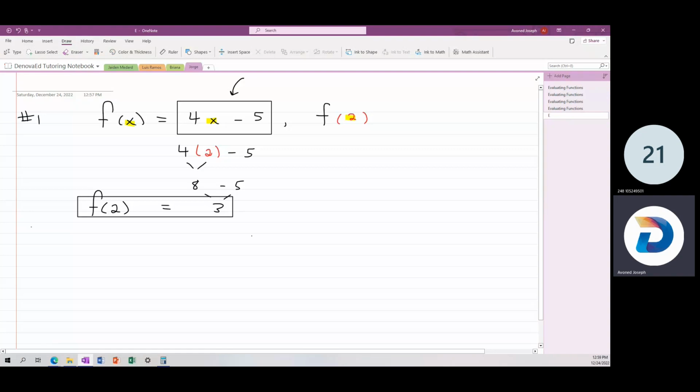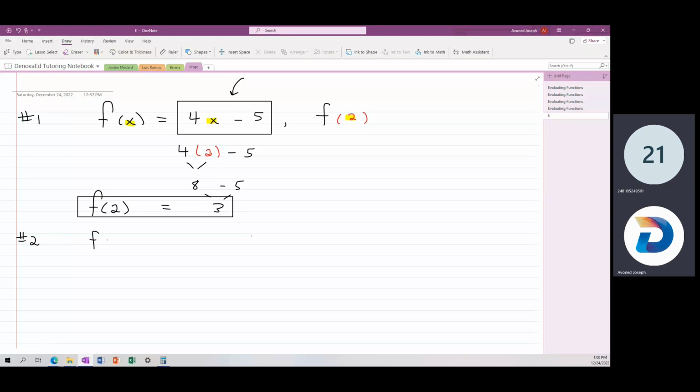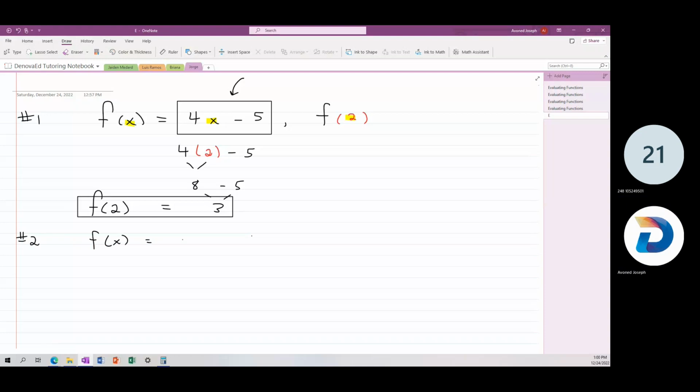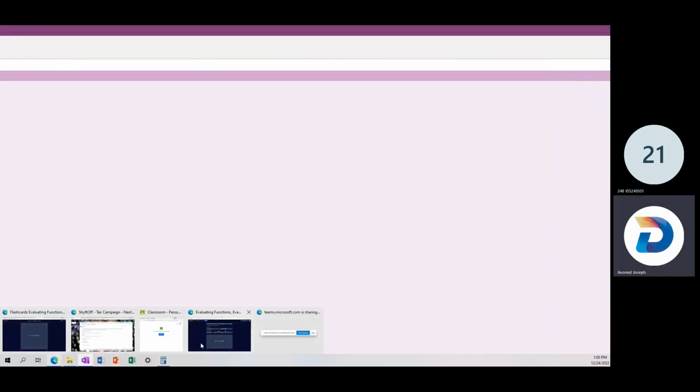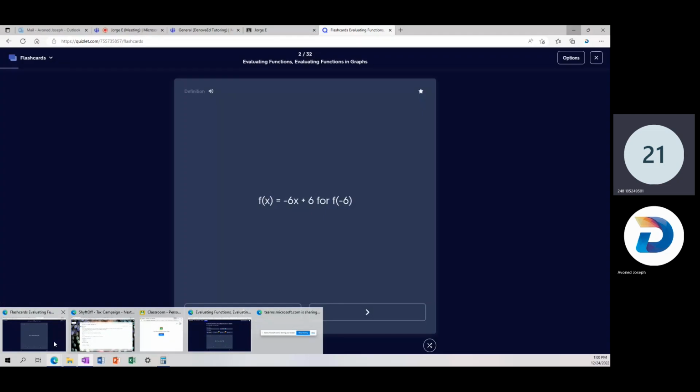All right, so we have number 2. We have f of x is equal to, what was it? Hold on. What was the problem? Oh, it's negative 6 plus 6. Okay.